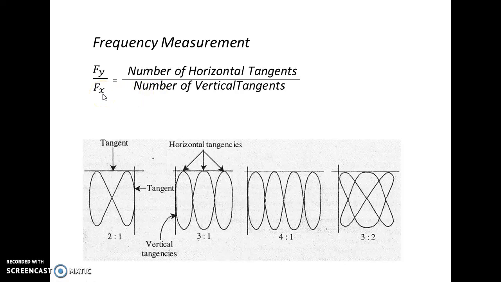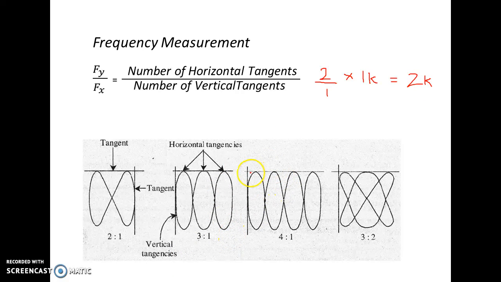Considering Fx to be the known signal of 1 kHz, let us assume, then Fy will be equal to 2 by 1 into 1 kHz, which is nothing but 2 kHz. This is your Fy, that is the unknown signal.